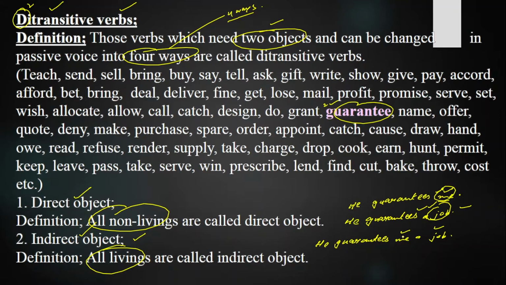So over there the meaning is clear and understandable. Mostly we bring the indirect object at the beginning, direct at the end, but when you want to shuffle the places, your indirect object me will be followed by a preposition, like He guarantees a job to me.